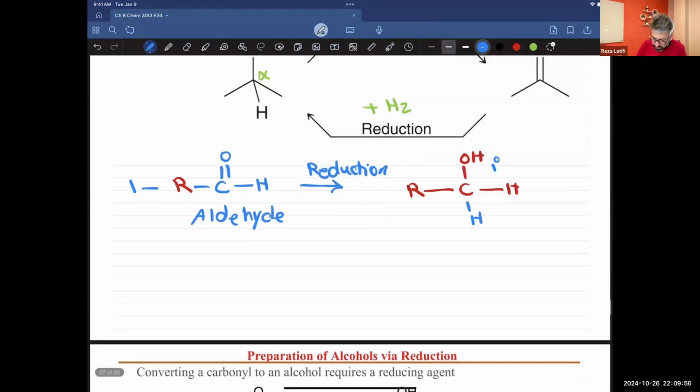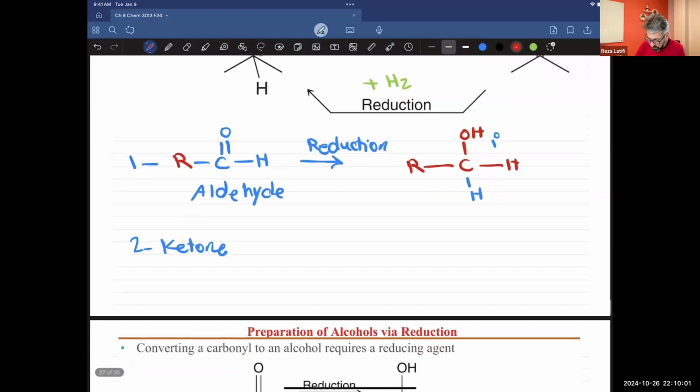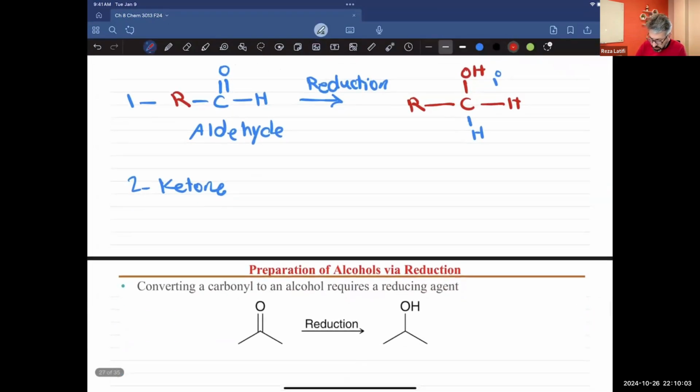But if you reduce a ketone, and say you have R attached to carbon, and there is another R. They can be identical or not. And again, we go through reduction.